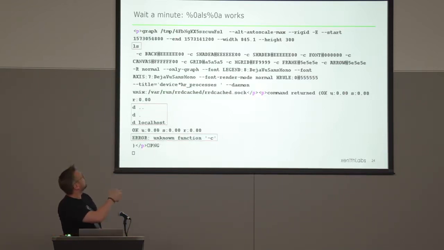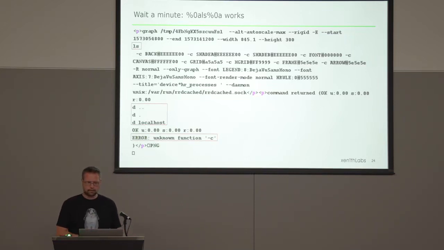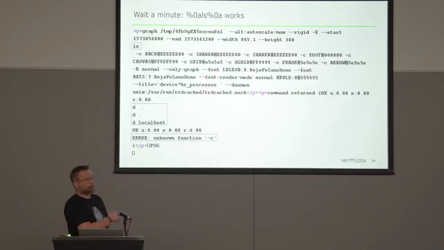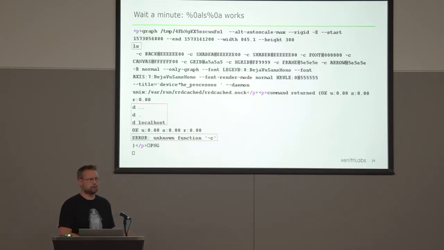The -c here. So that kind of seems like it worked, but also at the same time, it's complaining about unknown function -c. Whereas if this was command injection, I would have expected invalid command or command not found, not function.